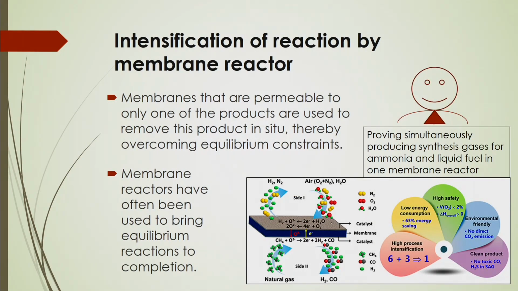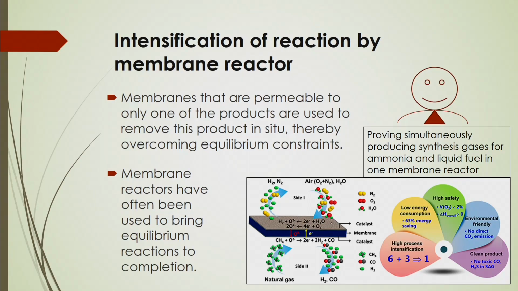Another important mechanism is membrane reactor development, by which you can intensify the reaction system. Membranes that are permeable to only one of the products are used to remove this product in situ, thereby overcoming the equilibrium constraints.